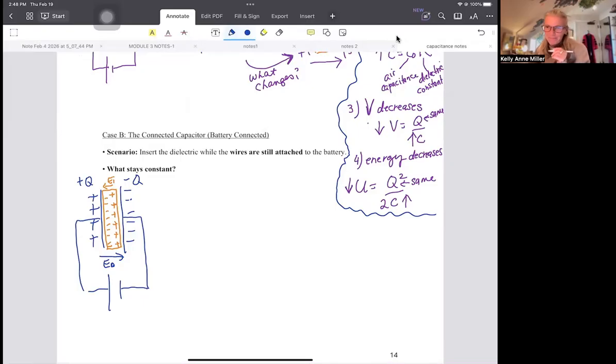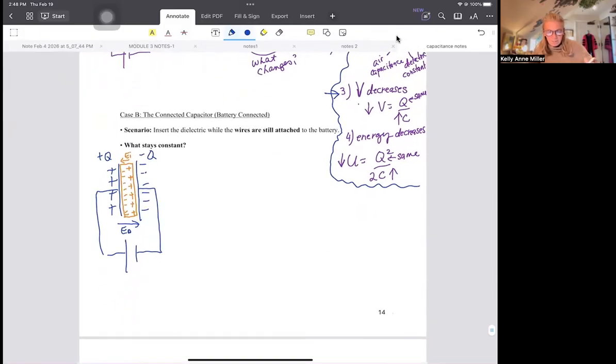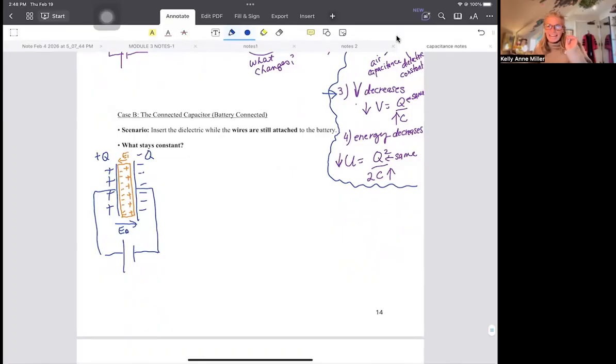The other major difference is that in the situation up here, we said the voltage changes, it actually decreases. Here, the voltage can't change because the capacitor plates are connected to the battery.